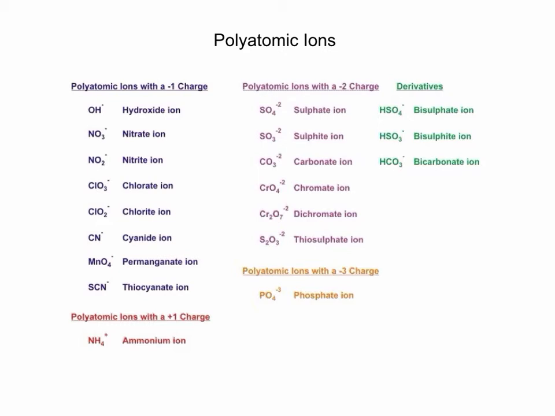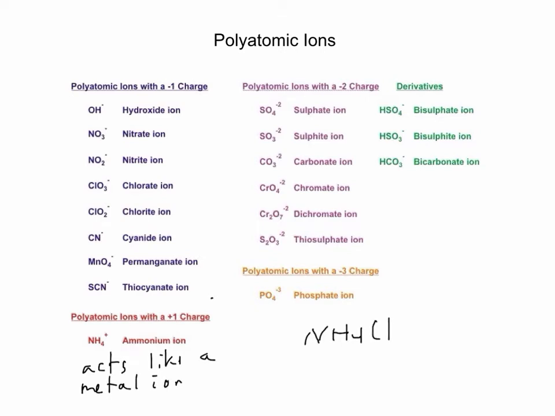So if you have a compound with ammonium, just remember that it will take the place of a metal ion. It acts like a metal ion. So if I have the compound ammonium chloride, the formula would be NH4Cl.